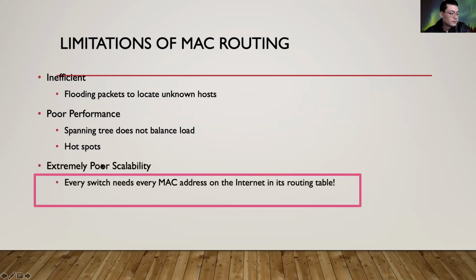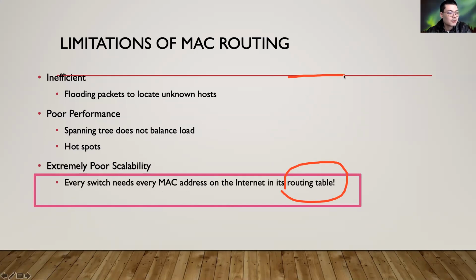Another problem is that the scalability is poor, because each switch needs a unique MAC address. But that's fine, this is also what happens now. But these MAC addresses need to be in the routing table. We will see in the next lecture that the routing table in the bridge or the switch is totally different from the routing table in the routers in the network layer.